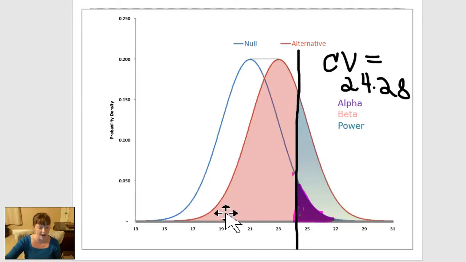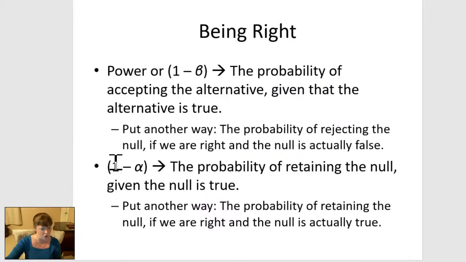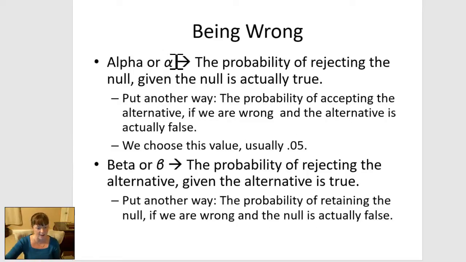And so beta is 1 minus power, and power is 1 minus beta, because the entire alternative hypothesis sampling distribution is 1, and then you carve it up, right? So power is also known as 1 minus beta sometimes. And then this is alpha, the Greek symbol for alpha, and this is the Greek symbol for beta.